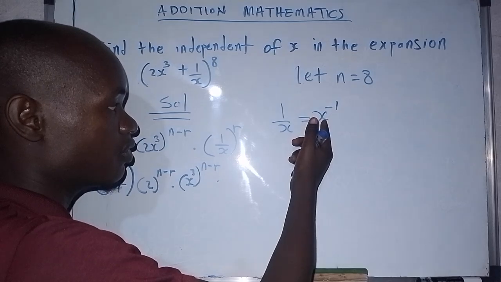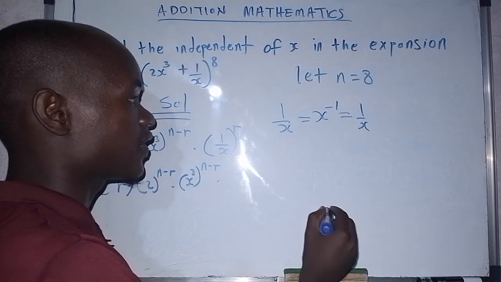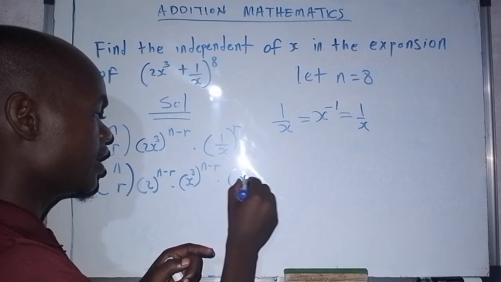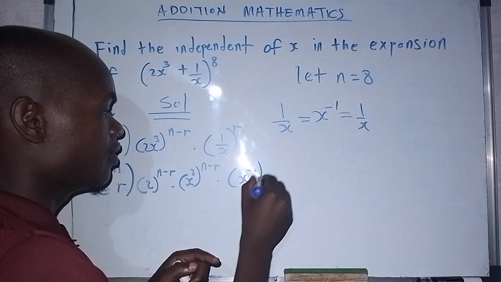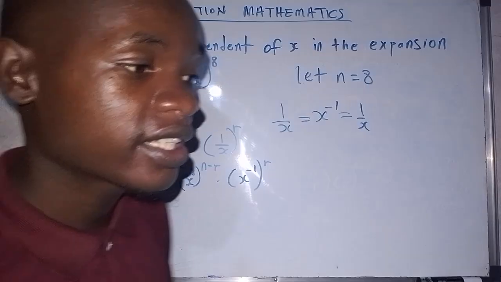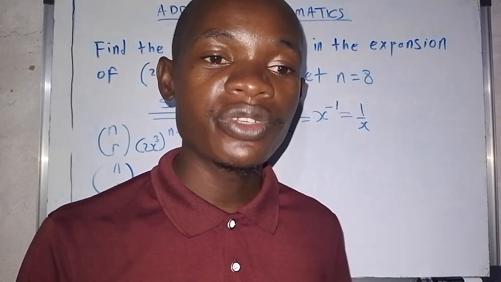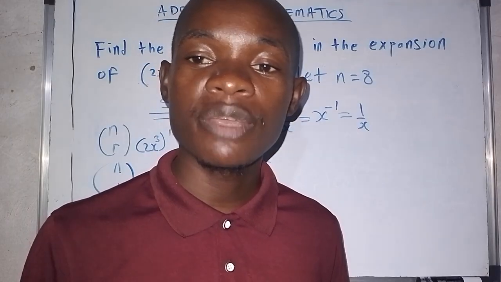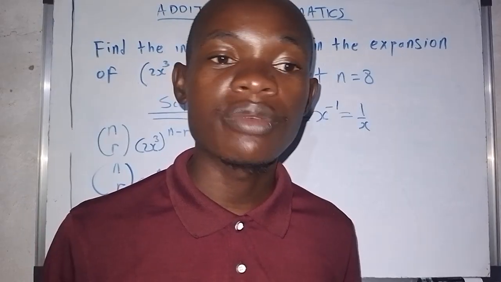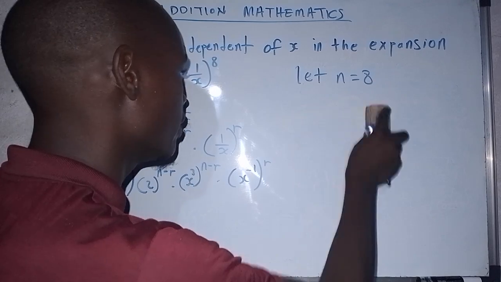Meaning here, where there is 1 over x, I want to rewrite it as x^(-1), then to the power of r. So this is why I was saying we are going to use the concept of indices. It is very important to understand all the concepts in ordinary mathematics before you start doing additional mathematics. So from here, we continue solving.